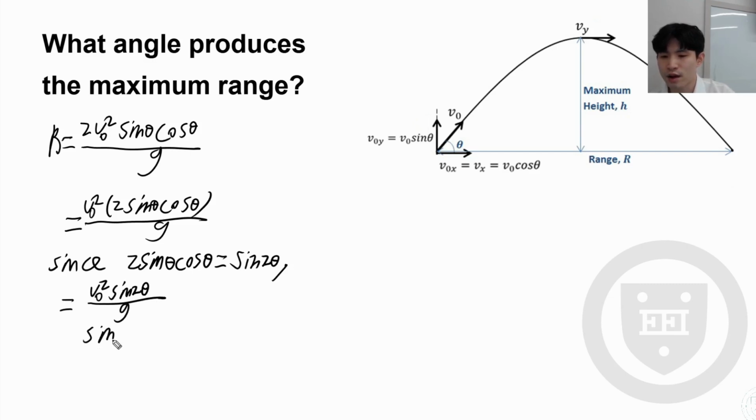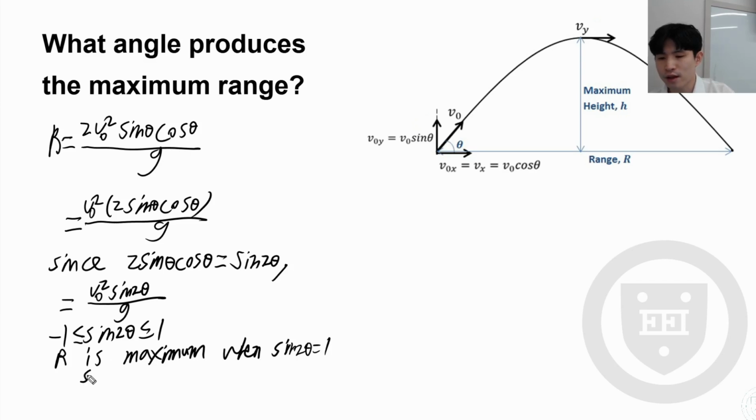And sine 2 theta takes values between -1 and 1. So R is maximum when sine 2 theta is equal to 1.